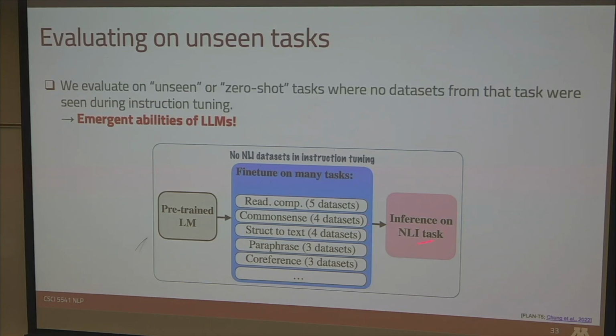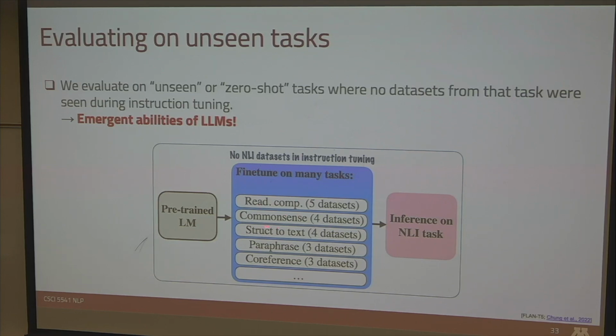So here we have the natural language inference task, and even though these NLI data sets are not part of the training, to infer the relationship between premise and hypothesis, you have to have some understanding of the text, right? So reading comprehension is required.